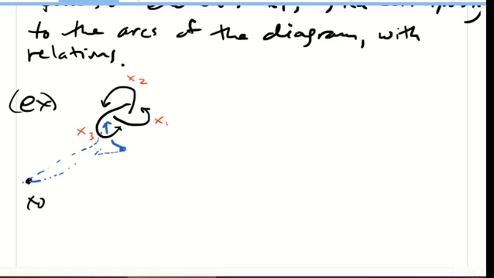So that was going to be my loop there. So this little arc here means I have another loop that turns out to be a generator.